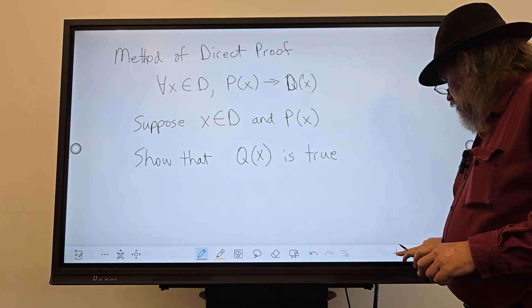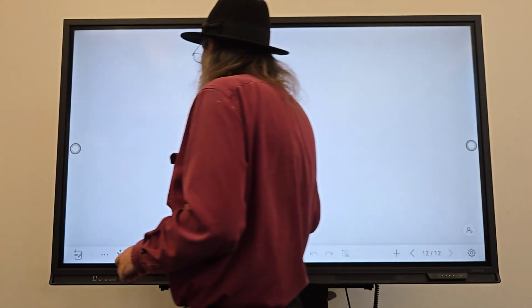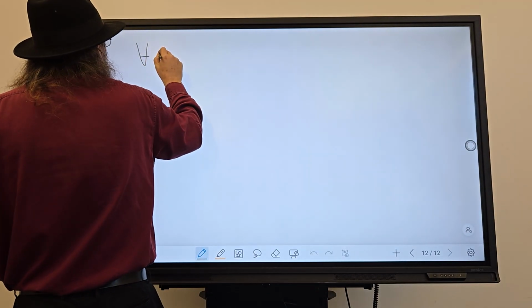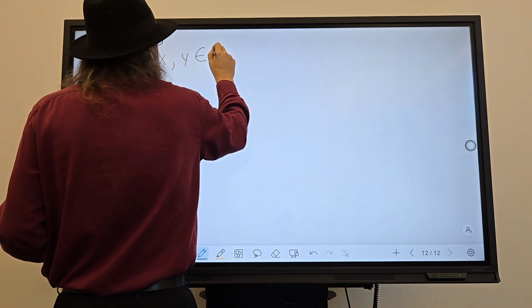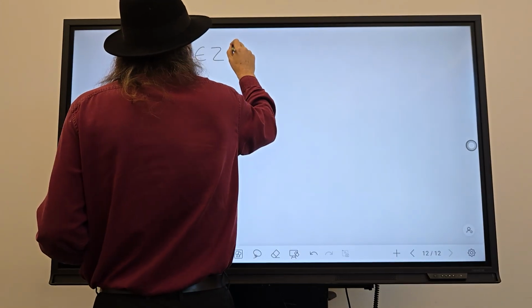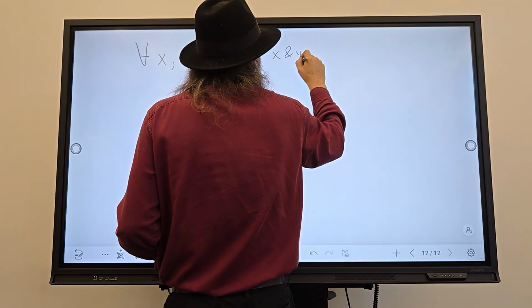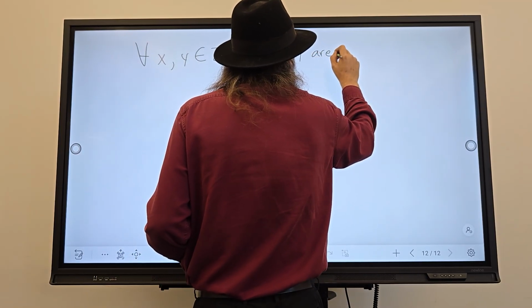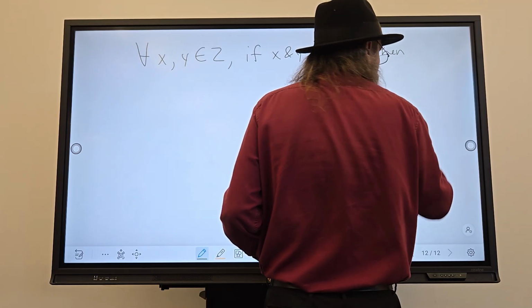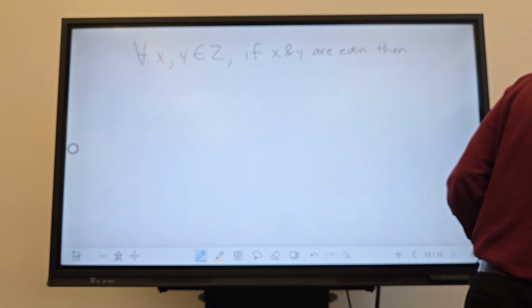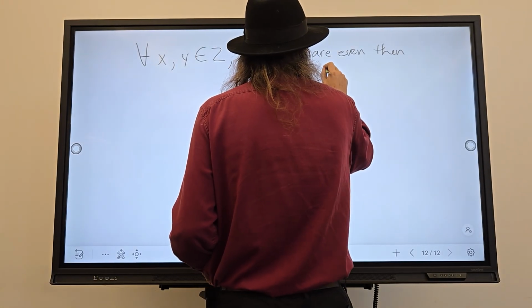So, for all x and y elements of Z, if x and y are even, then x plus y is even.